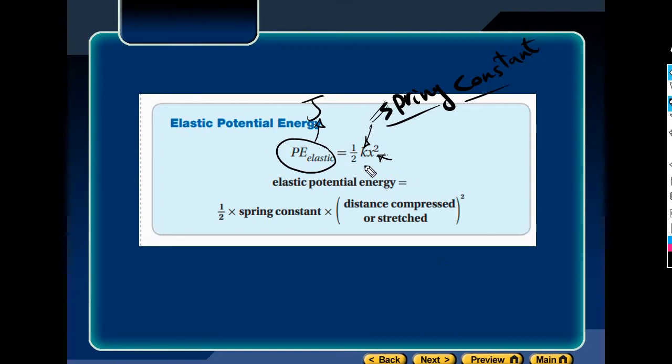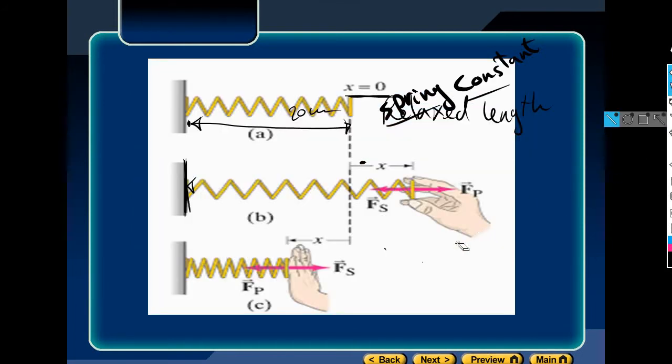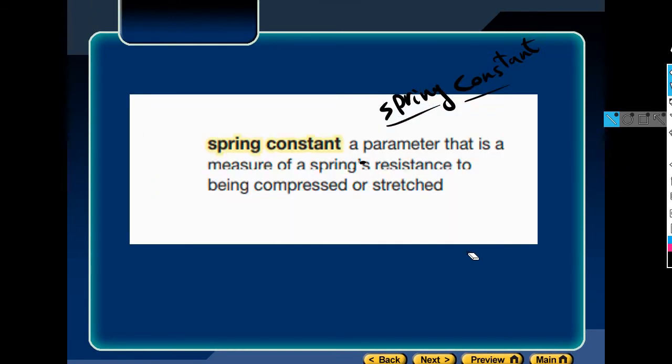Now this is k. As you see here, k is constant. It means most of the time it will be given to you in the problems, because it differs from one material to another. Now let's take the definition of the spring constant. What is the spring constant? This is very important to understand and to memorize. I want someone to read this.